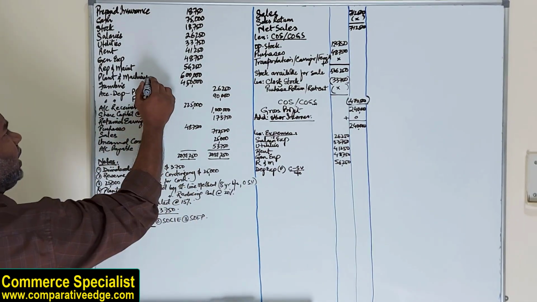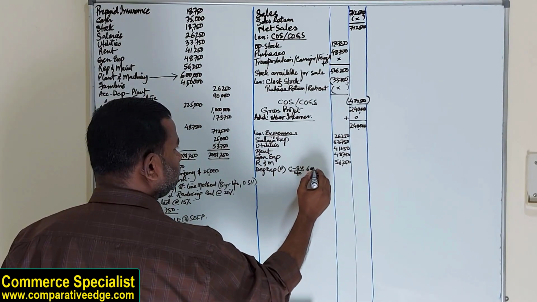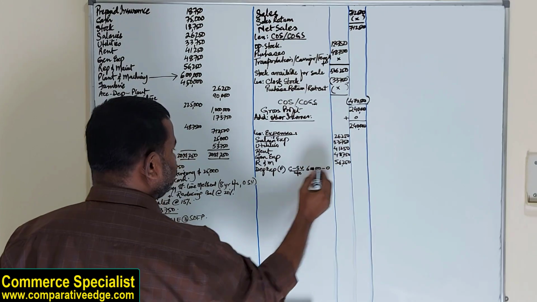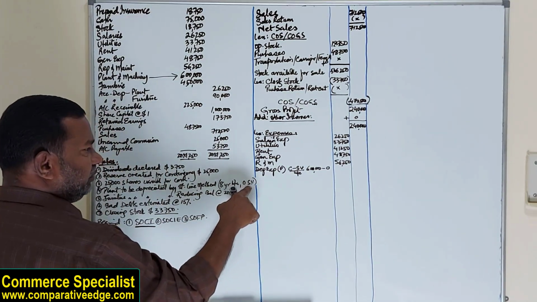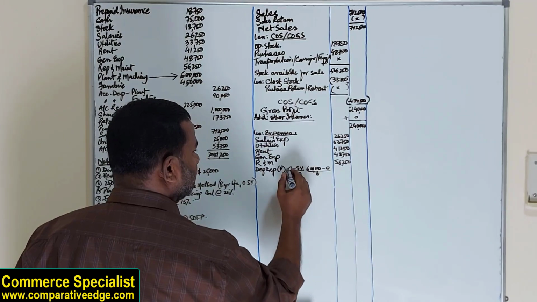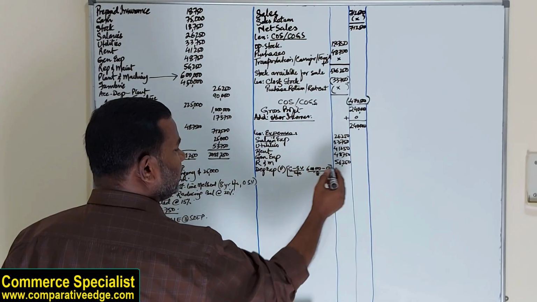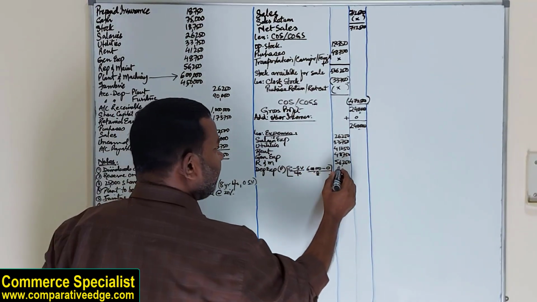So cost of plant and machinery is 600,000. Salvage value 0 given here, and life is 8 years. So when you solve this out, you will get annual depreciation as 75,000.